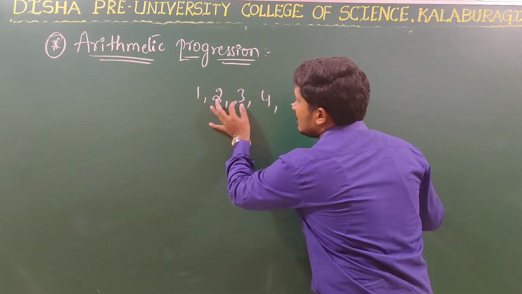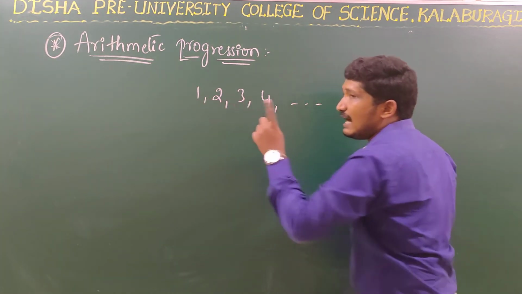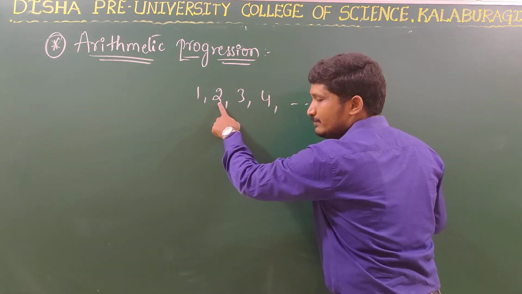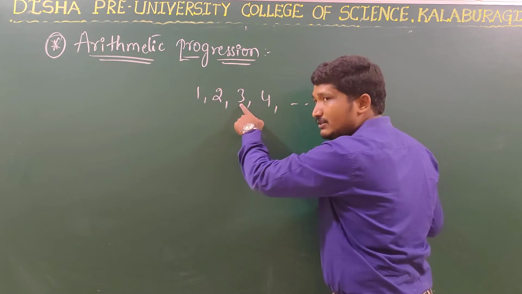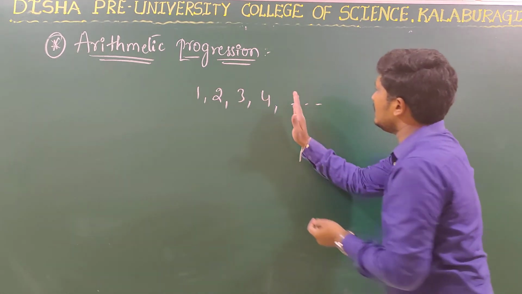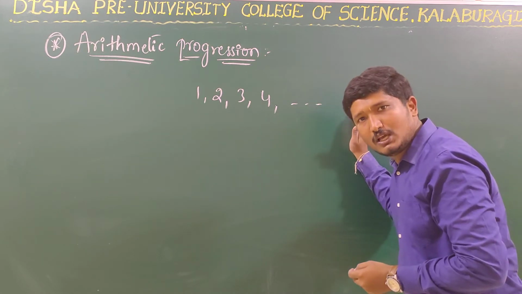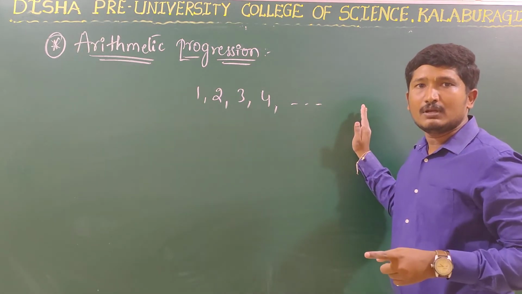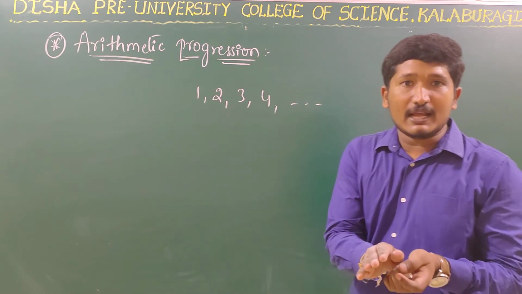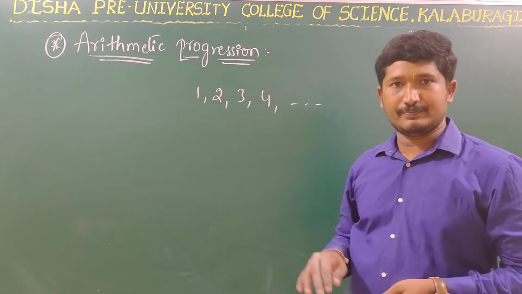What is that specific pattern? See, each term of the sequence is added by 1, right? When you add 1 to 1, you will get 2. If you add 1 to 2, you will get 3. If you add 1 to 3, you will get 4. So in the same way, the next terms of the sequence also follow the same. That is, next terms of the sequence are also obtained by adding 1 to its previous term, right?